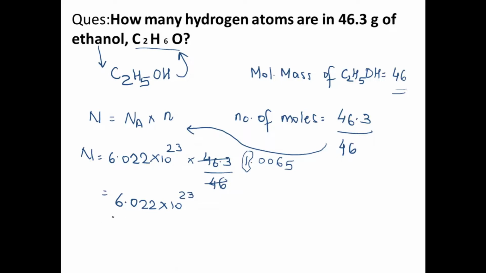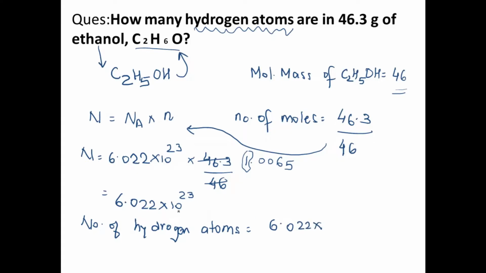But do not forget to leave a question or answer here itself, because now the question is how many hydrogen atoms are there. So now we should write down number of hydrogen atoms is equal to, this is the Avogadro number, the same value which we are getting.